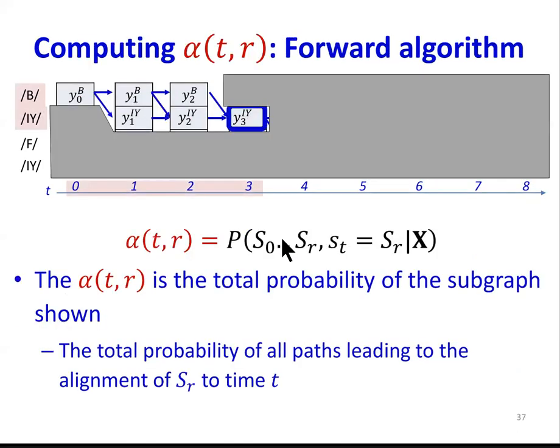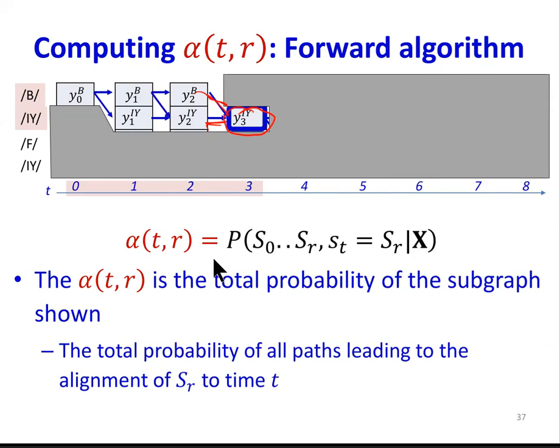The forward probability is the total probability of this graph, right? Everyone with me? Yeah. Okay. But then if you consider this node, there are only two ways to come to this node. You can either come from here or you can come from here, correct?